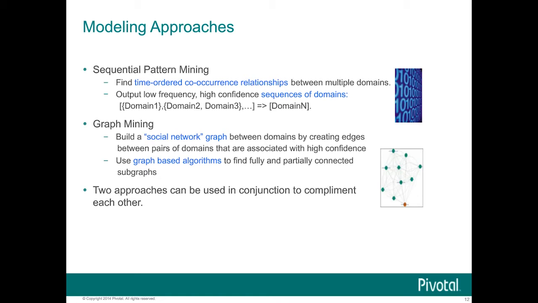Once we build the social network graph for these domains, we use graph-based algorithms to find fully and partially connected subgraphs in these social network graphs. These kinds of partially connected subgraphs can lead to botnet-like attacks or watering hole attacks. So these two approaches can be used in conjunction to complement each other.